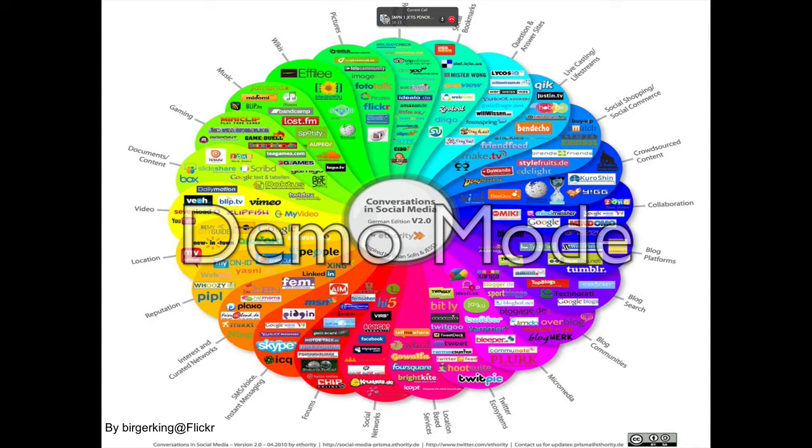When I explain it to my pre-service teachers, I say you have to pay $1 because they have problems with spamming and problems with video, and by doing that, the spammers don't have access. And we can then move around, and there's a whole host. So there's crowdsourced content, collaboration's a great one, blog platforms. I personally don't like Tumblr.